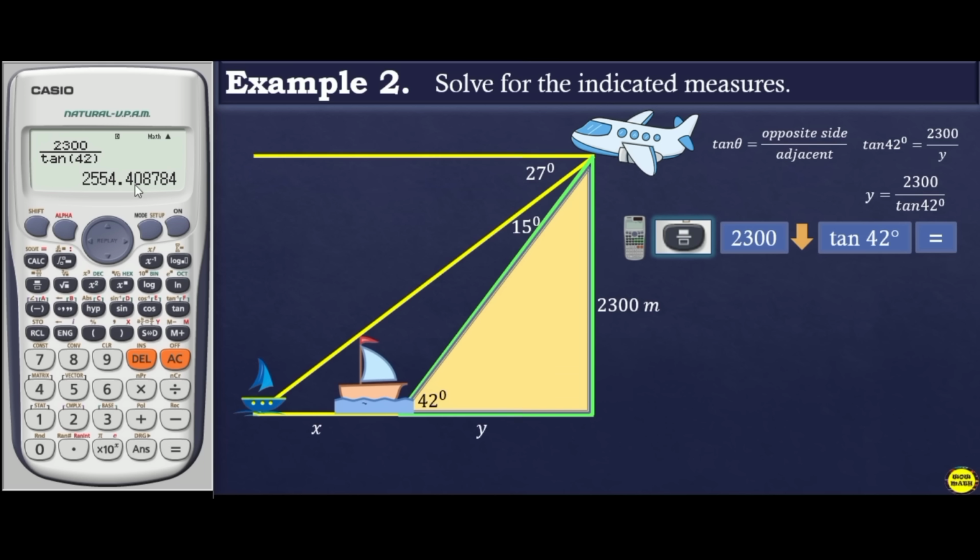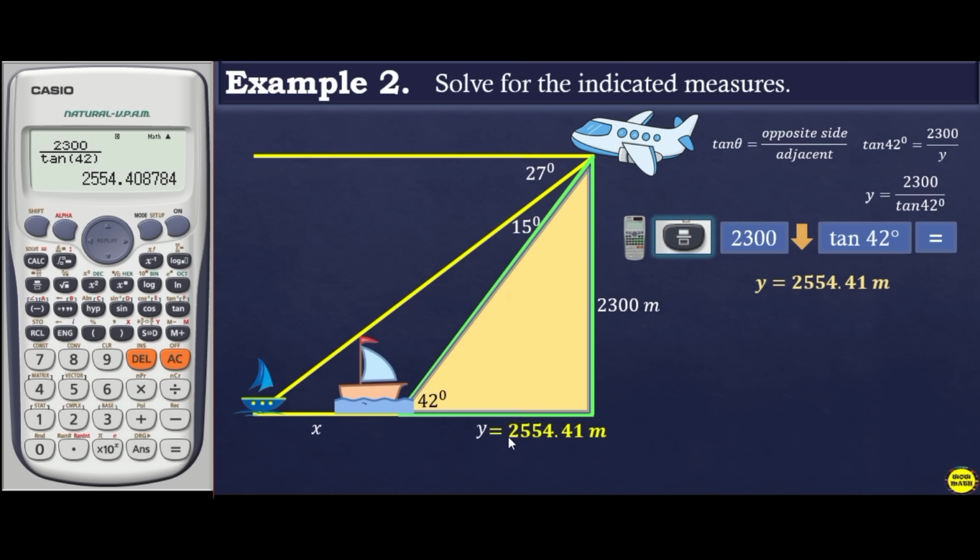Okay, so i-round off natin siya to the nearest hundredths. So we have our value of y is 2,554.41 meters. Ayan. So, 2,554.41 meters, nakuha na natin ngayon yung value ng ating y.